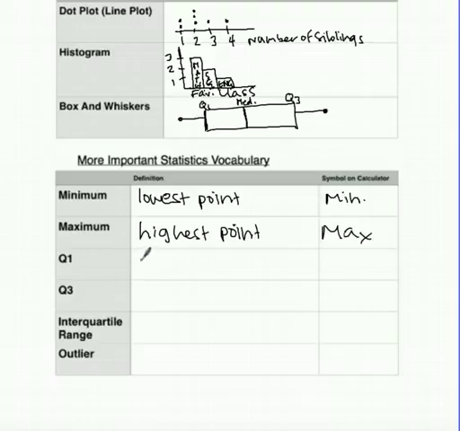Your Q1 is your first quartile. It will represent 25% of the data, and your calculator will call it Q1.